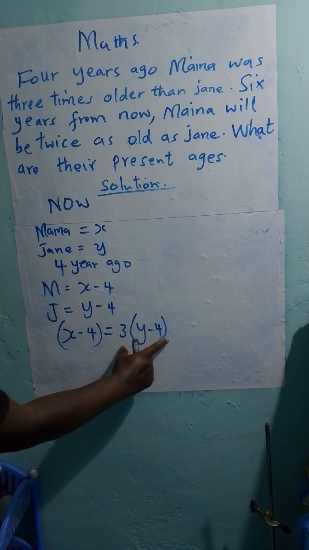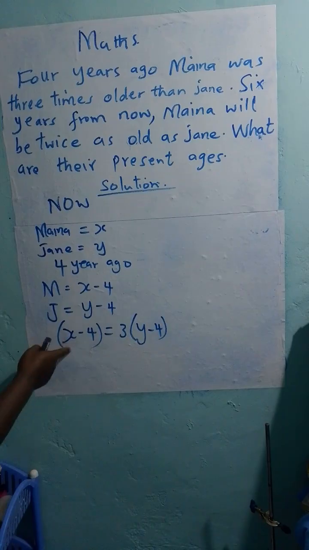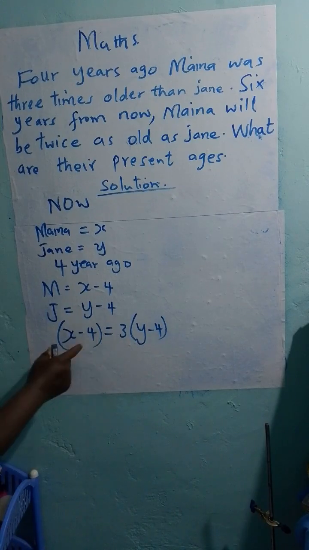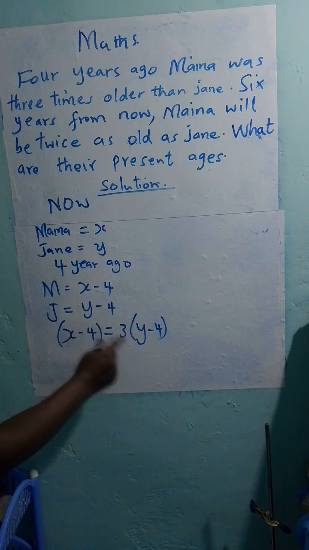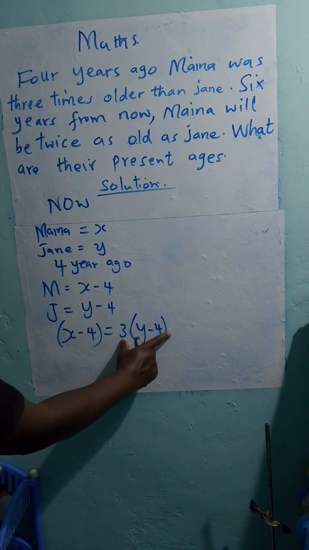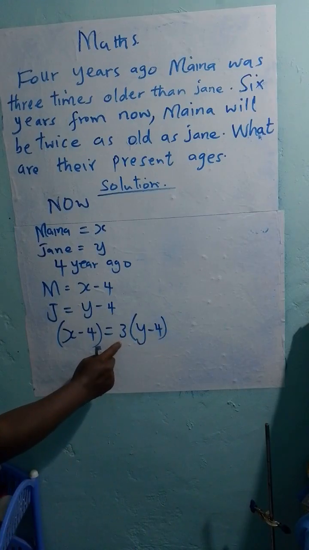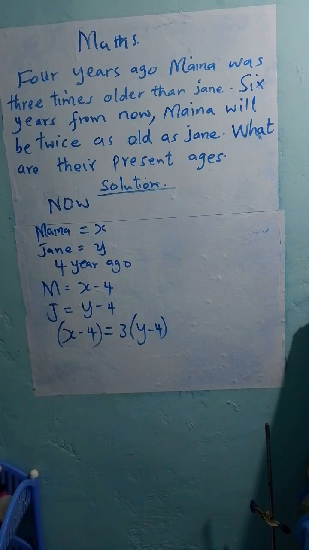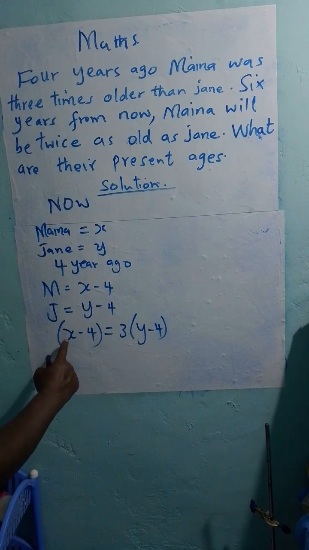The number of years of Mina is 3 times that of Jane. Therefore, to make the number of years of Jane equal to that of Mina, we multiply the number of years of Jane by 3. So we can solve this.